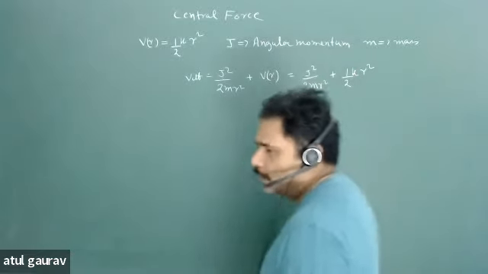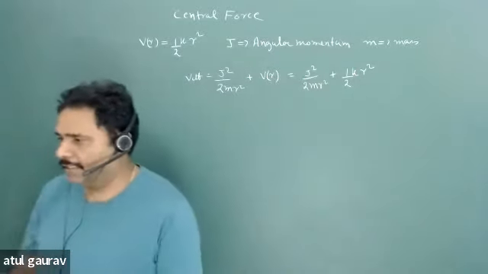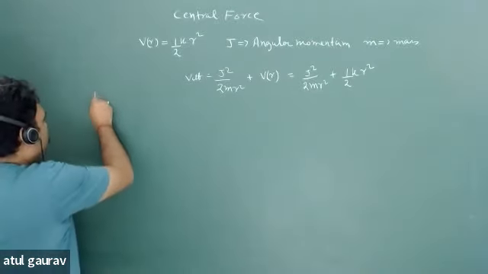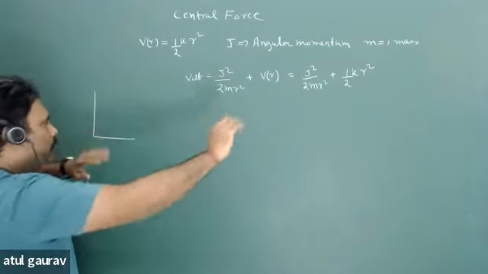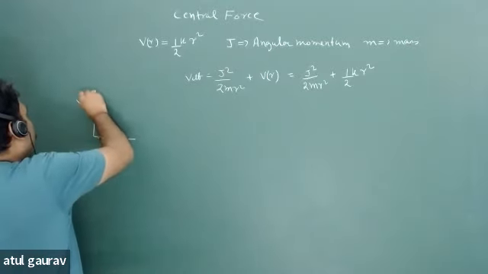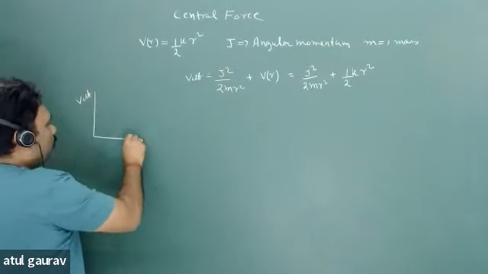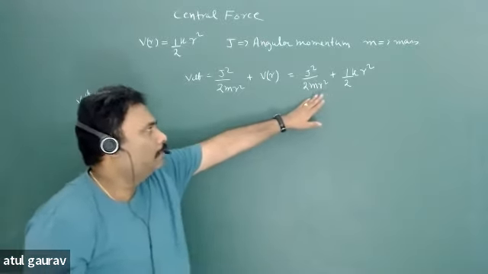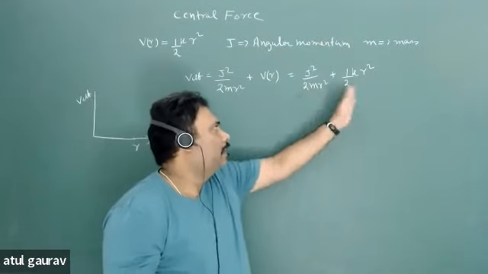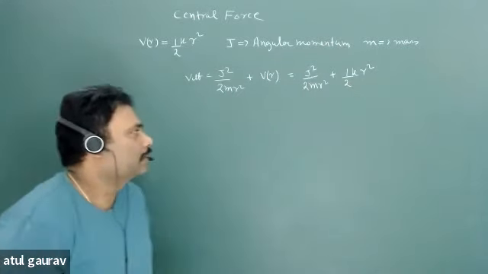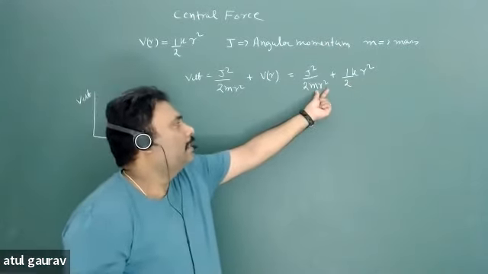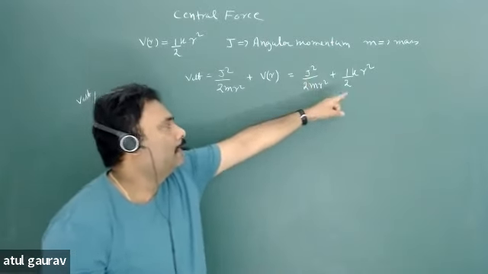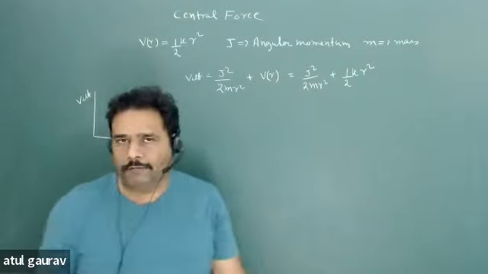When you want to plot this V effective versus r, you can plot it very easily. r is always positive. You can see there are two different algebraic functions. Here V is inversely proportional to r square, and here it is directly proportional to r square.